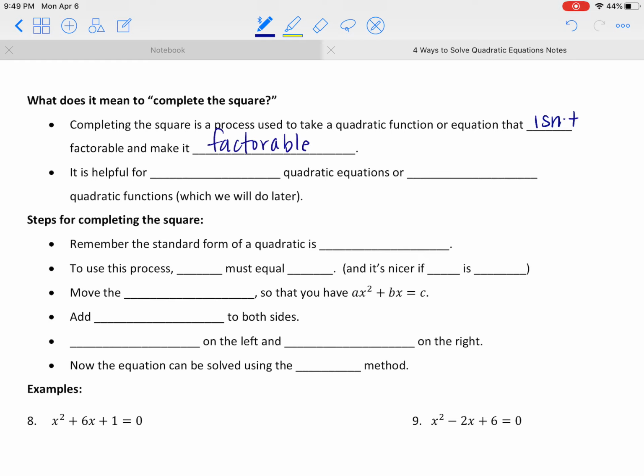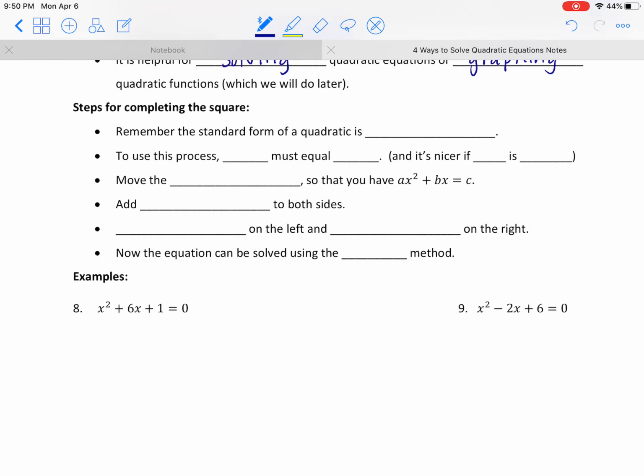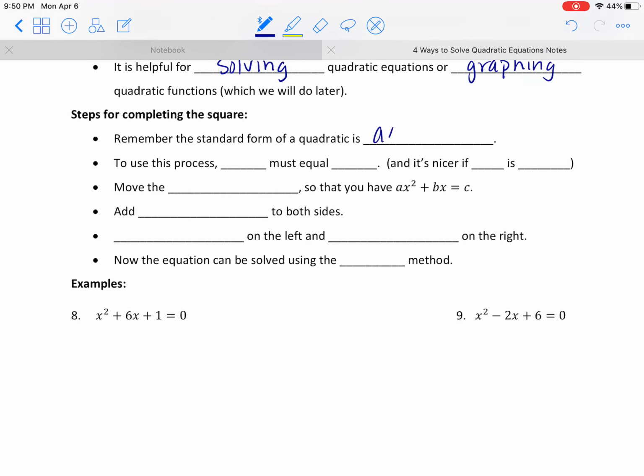It means to take a quadratic function, which we'll look at later, or equation that isn't factorable, and make it factorable. Okay, and it's helpful for solving quadratics. That's what we're going to use it for here. And it's also helpful for graphing quadratic functions, which we're going to do a little later. So it's helpful for this completing the square process for solving and for graphing. Okay, but for today we're going to use it for solving.